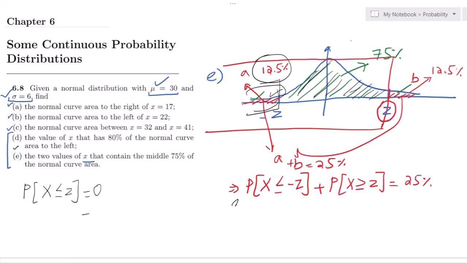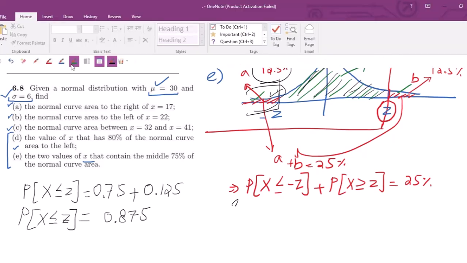In terms of probability, this is 0.75 plus 0.125, so it would be 0.875. Okay, so this is what we have here, and this is the probability that x is less than or equal to z for this z. Now in order to proceed, let me use this color.